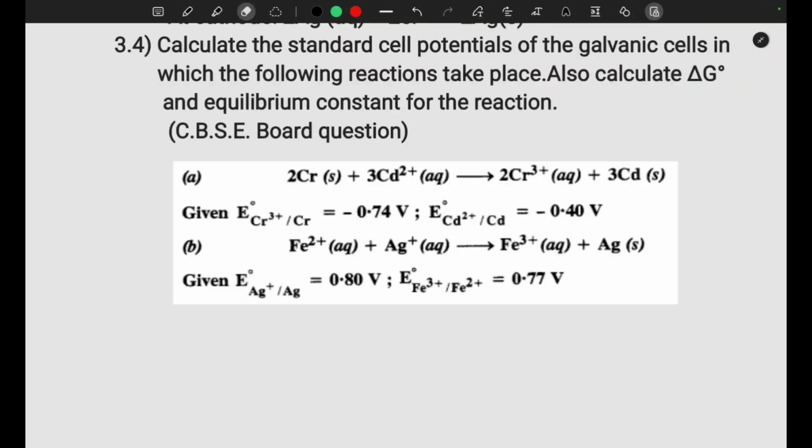Calculate the standard cell potential of the galvanic cell in which the following reaction takes place. Also calculate delta G naught and the equilibrium constant for the reaction. So first let us calculate the standard cell potential, that is E naught cell. E naught cell is equal to E naught cathode minus E naught anode.